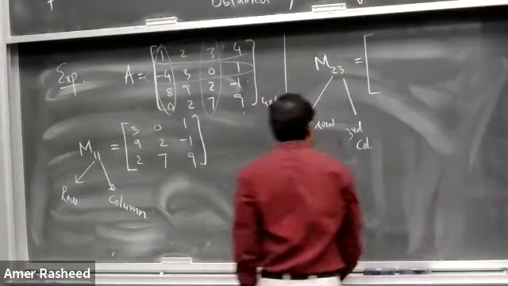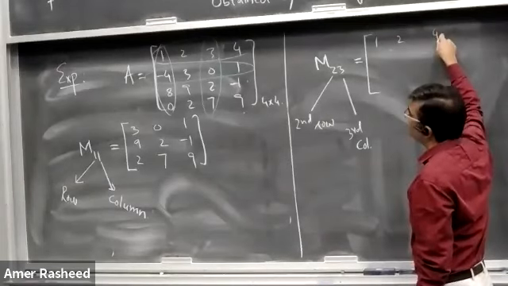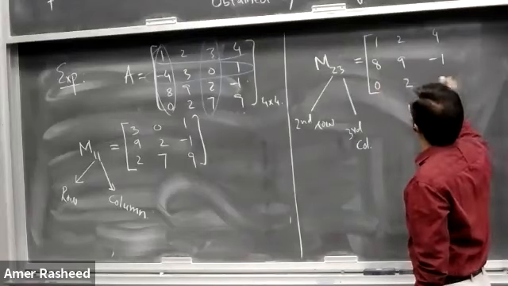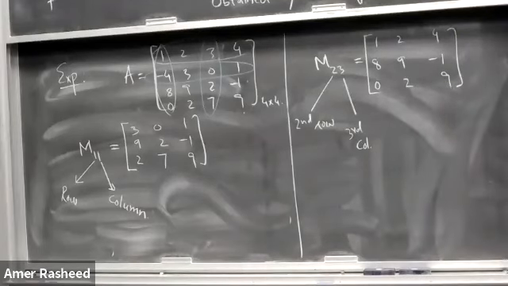Rest of the entries you write in this matrix, which is 1, 2, 4, 8, 9, -1, 0, 2, 9. Okay, so this is the minor 2, 3.